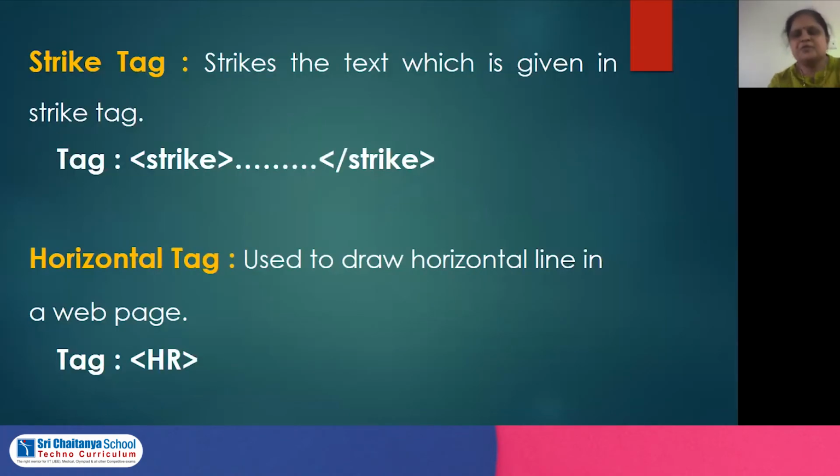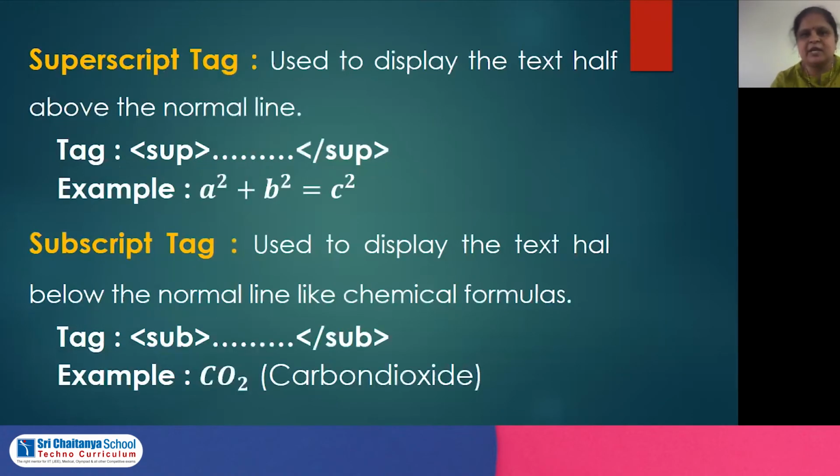Okay, I hope till here whatever we have learned, it is very clear for you. Now next is superscript tag and subscript tag. You all know what is superscript, and you all know what is subscript also. Superscript means when we write above the alphabets, for example a square, the square will be written on the top, right? But a subscript is when we write below the normal text, for example CO2, whatever is given in the slide.